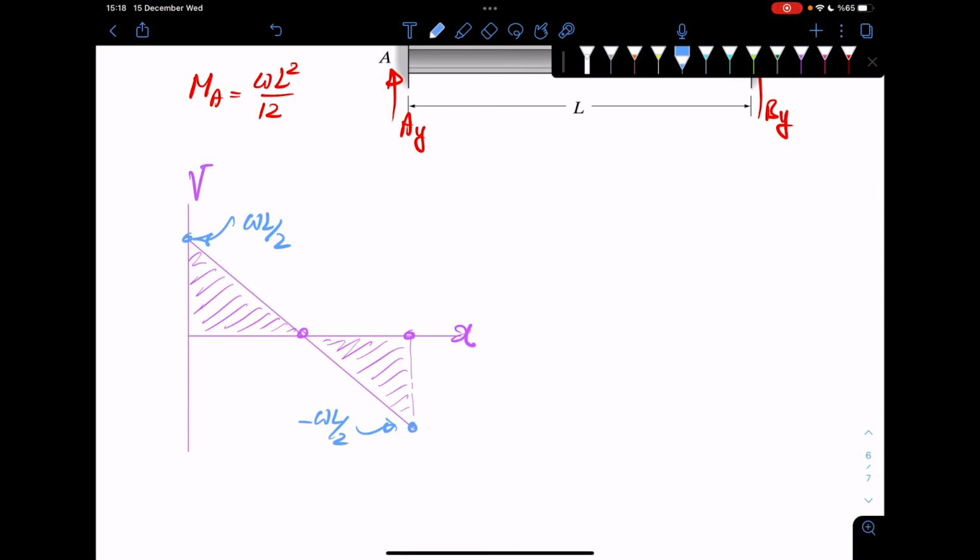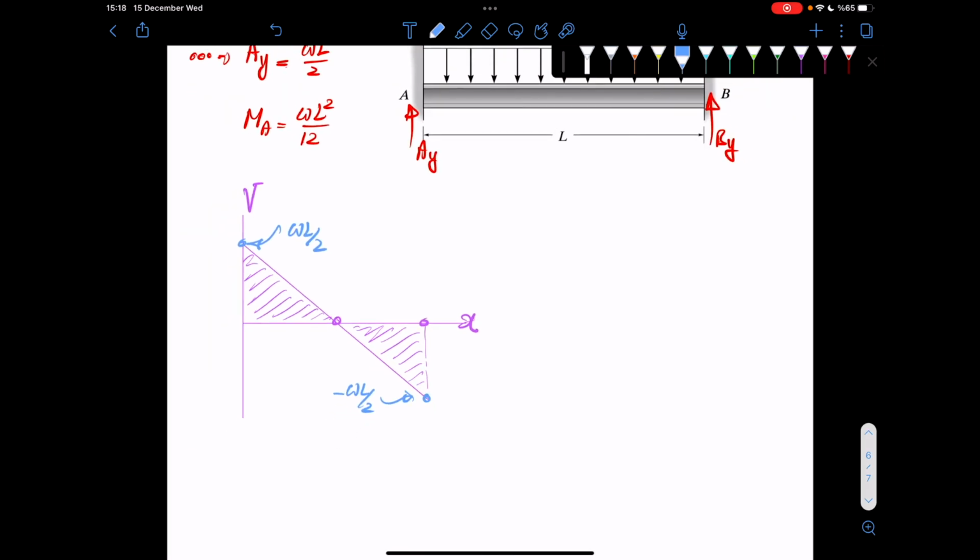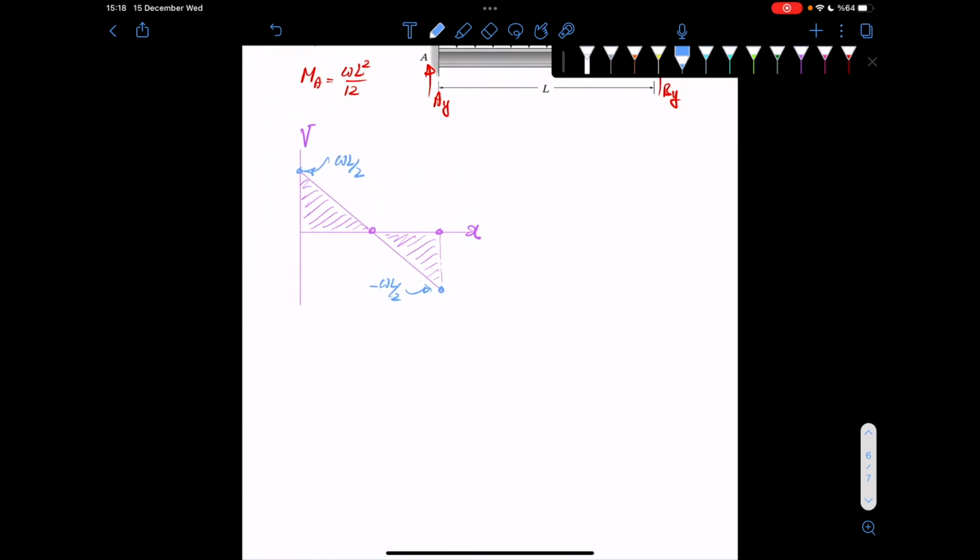Okay, and if you basically think of the integral of this, you get your moment equation, right? And you know the moment is maximum at the center too. So you can also immediately draw your moments. Okay, let's say it would look like this. And then, as I said, the moment must be 0 in the center, and then it should be symmetric and non-zero on the sides.